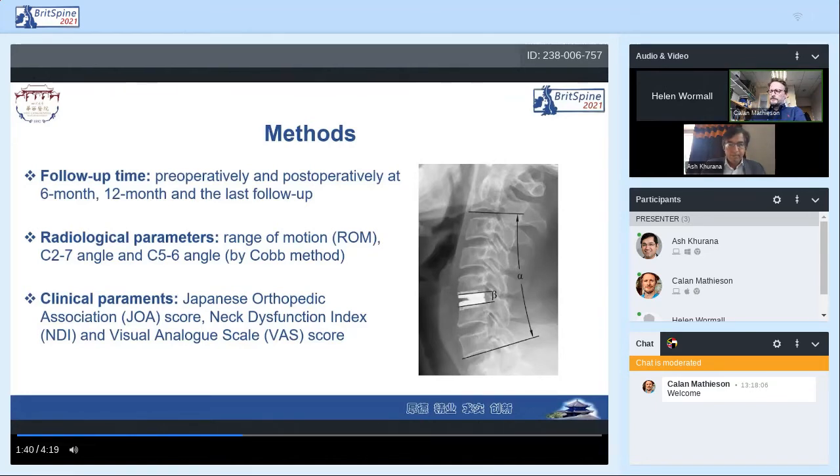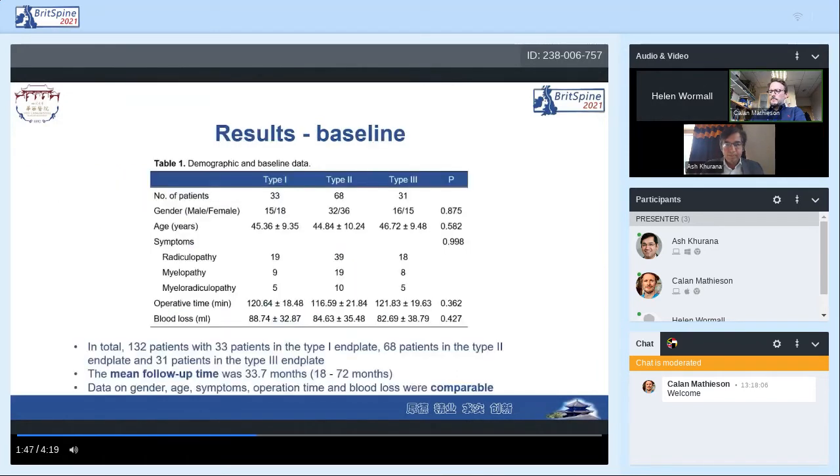Clinical outcomes were evaluated by JOA, NDI, and VAS scores. In total, 132 patients were included, with 33, 68, and 31 patients in each group. The mean follow-up time was 33 months. Baseline data were comparable.